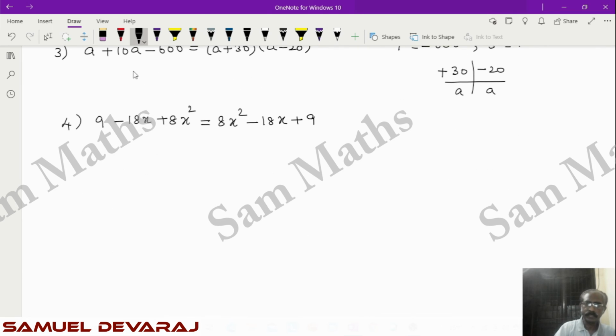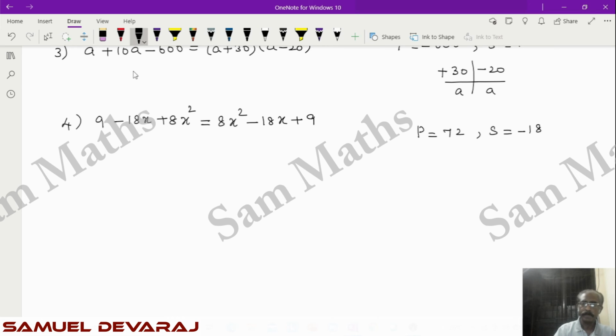The product is 8 9s are 72 and sum is minus 18. Can you follow, children? Here product is positive, sum is negative. Therefore, both the numbers must be negative. Am I right, children?